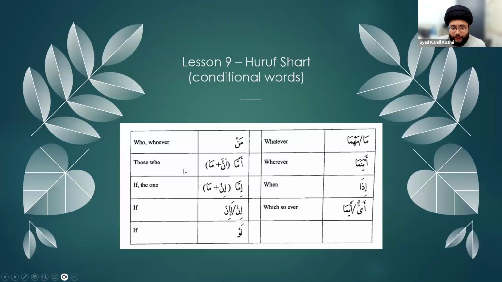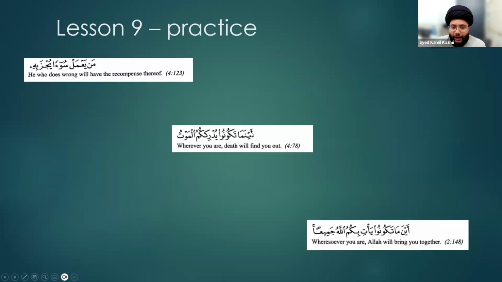Look at these words right here. We covered man in one of the examples, whoever or who, and now we have أينما, wherever, right? So next slide. أينما تكونوا يدرككم الموت.